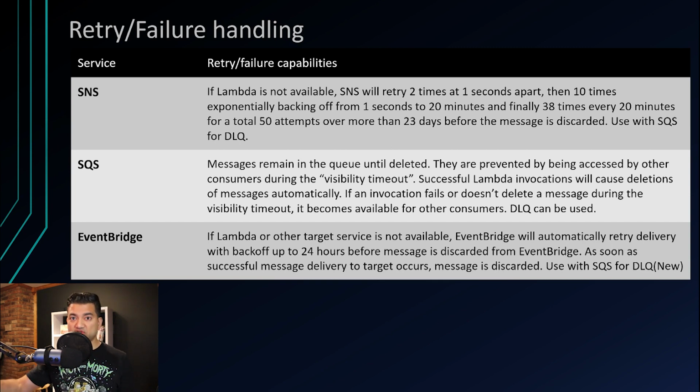So in case your consumer fails, it can go to the DLQ. Similarly for SQS, use a DLQ. If your consumer keeps failing or something goes wrong, you can put the message into the DLQ. Same for EventBridge. EventBridge also has a dead letter queue. This is a new functionality, so it's always recommended to use a dead letter queue. So in case something goes wrong, you can go to the dead letter queue and then check what went wrong.